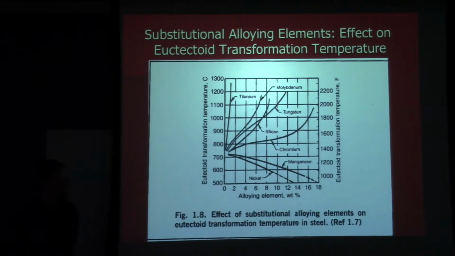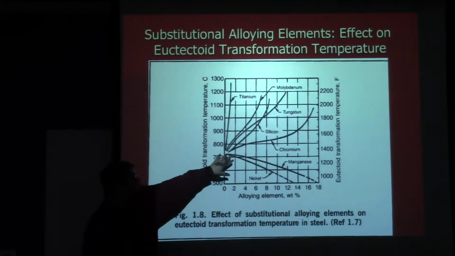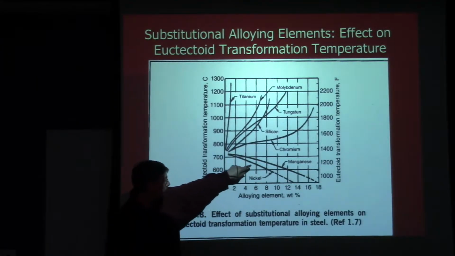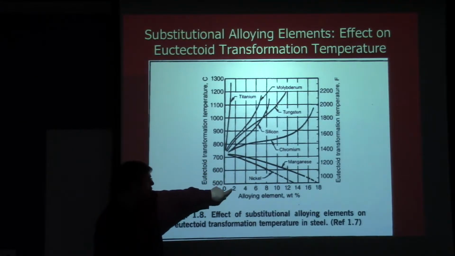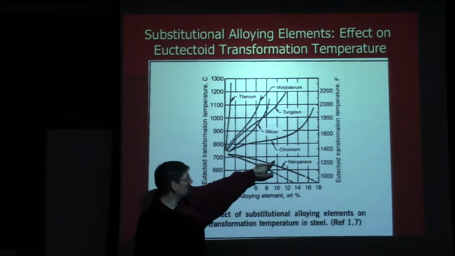So what we're saying here with this diagram is if we put these elements in, and you could take any particular element and follow the line, depending on how much you put in, the eutectoid temperature is changing, right?